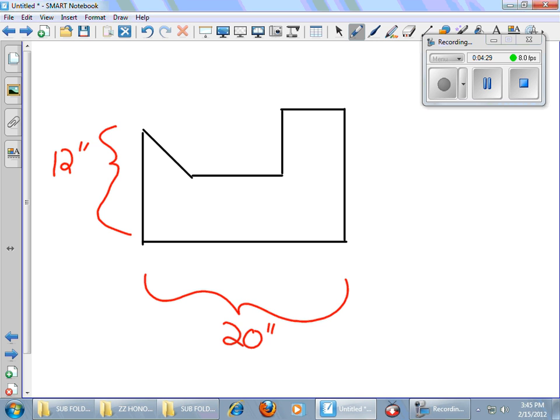We'll make this one a little bit taller, 14 inches. We can make this one here about 5 inches. And we'll make this, say, 8 inches.